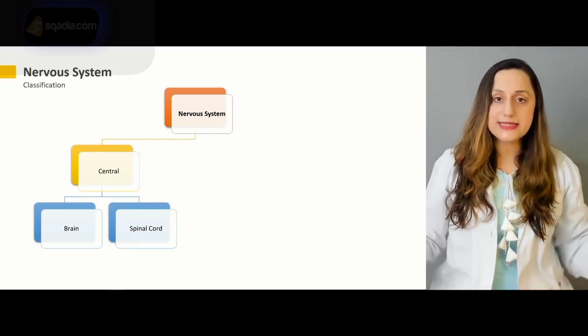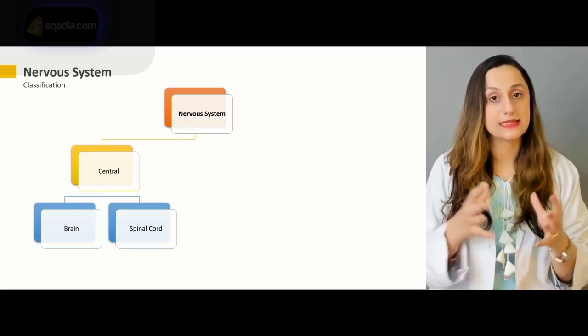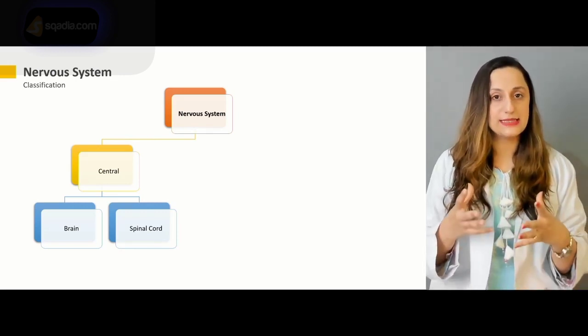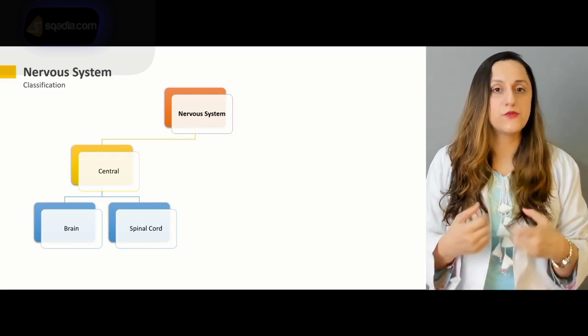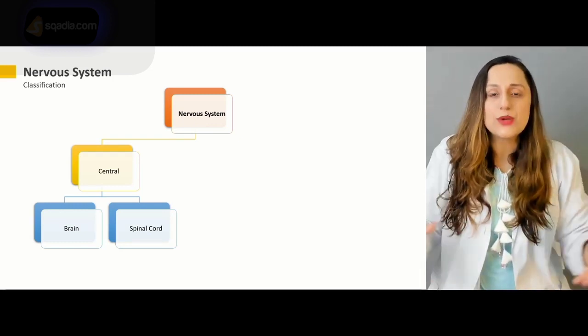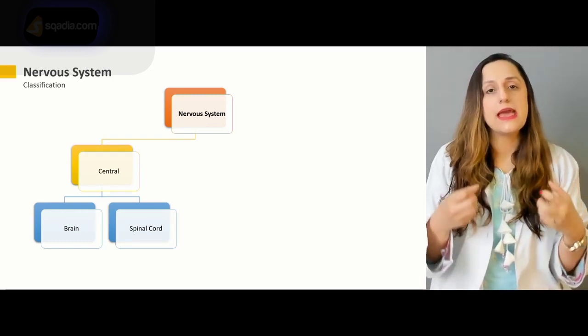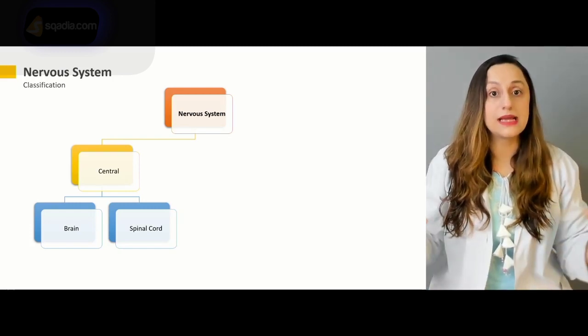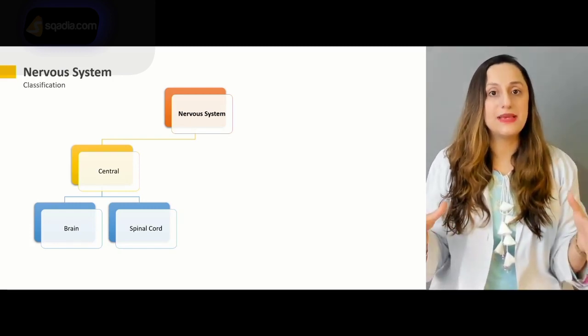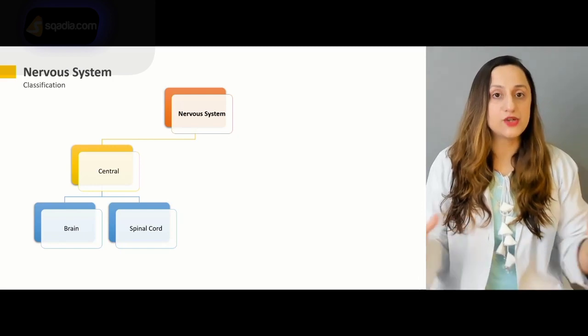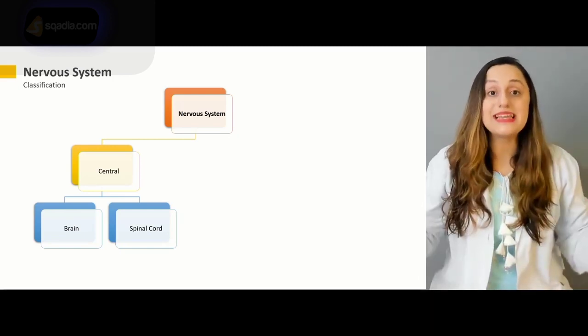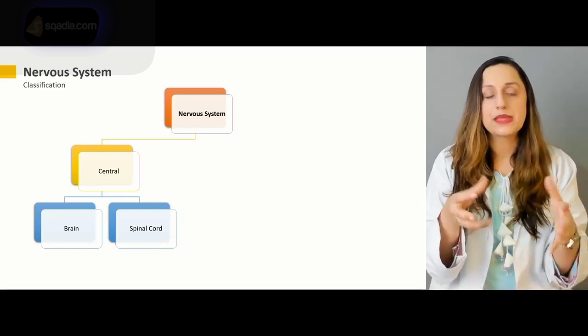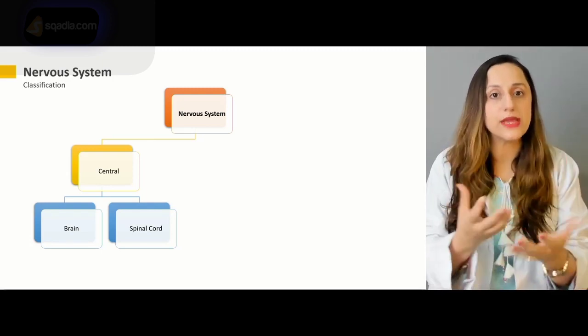Usually the spinal cord has all the tracts. For your ease, you can imagine these tracts as roads that are connecting the effector organs to the brain. They are carrying the messages to the higher centers of the brain.